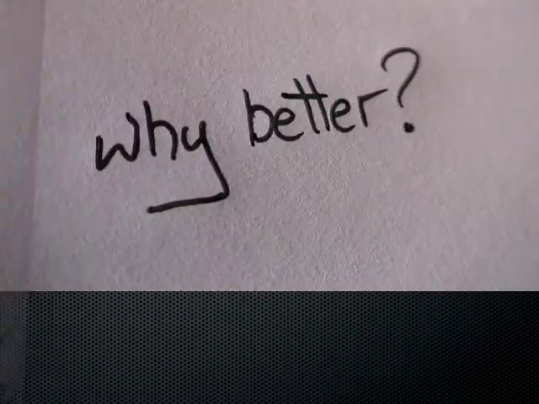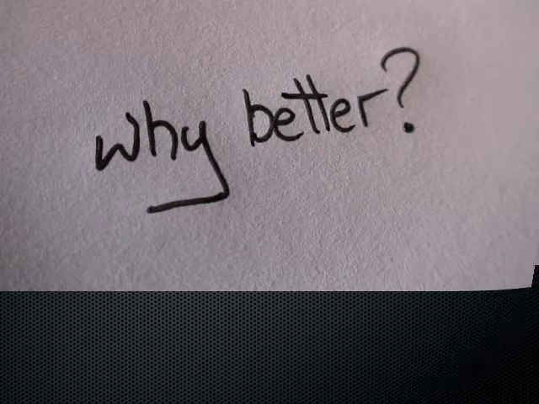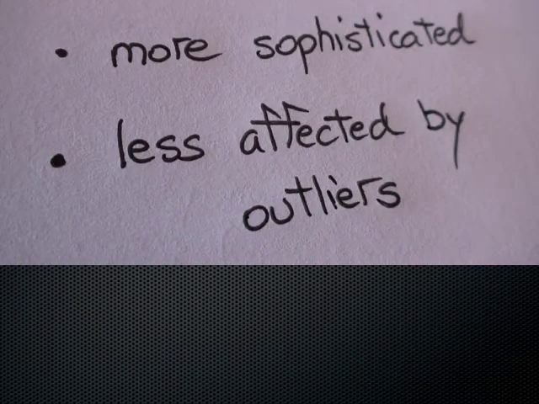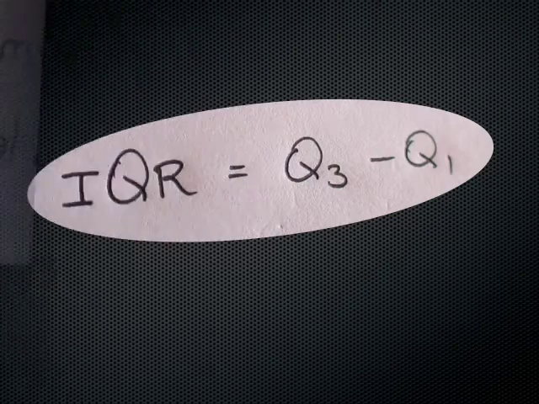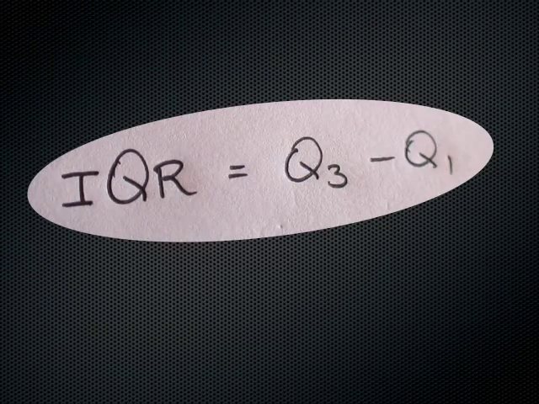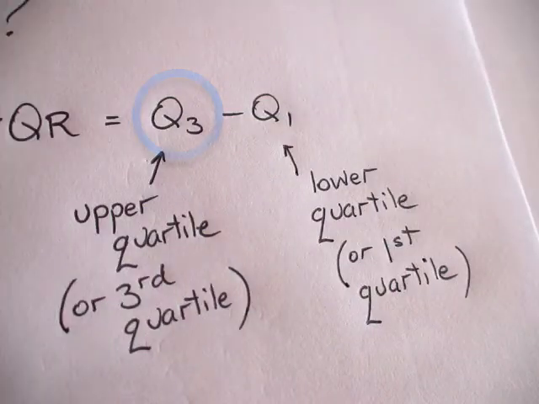You may ask, why are they better? The reason is, they're a bit more sophisticated, and they're also less affected by outliers. Remember, an outlier is a score which is uncharacteristically large or small and stands out from the rest of the scores. The formula for the IQR is Q3 minus Q1.